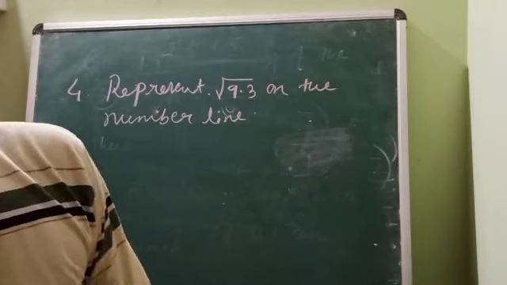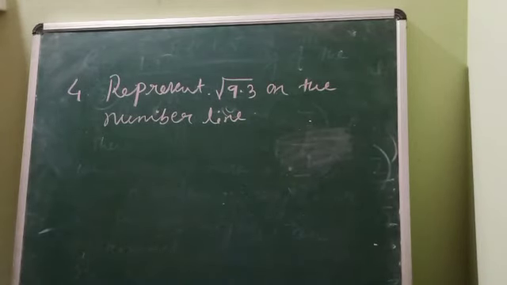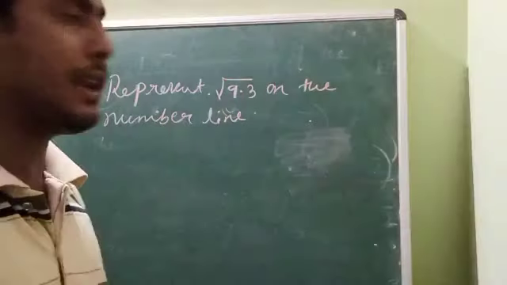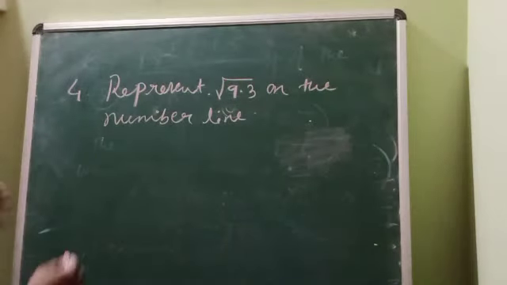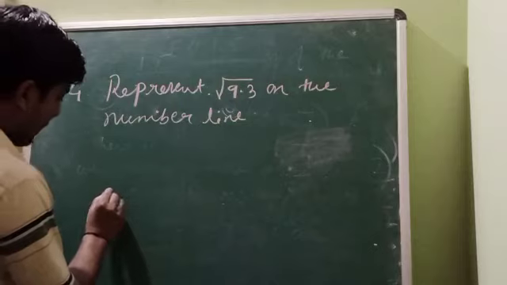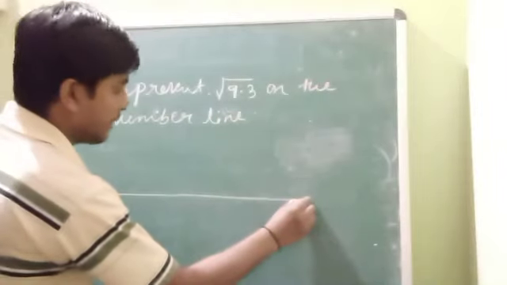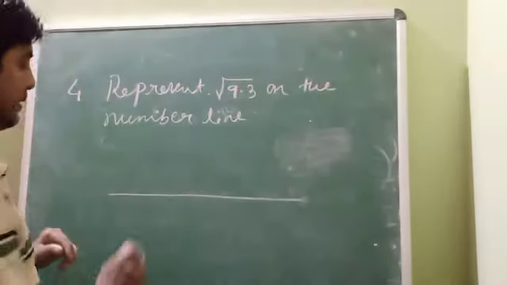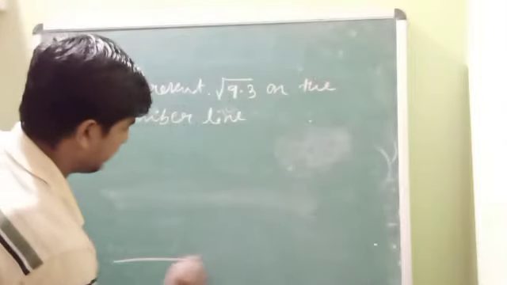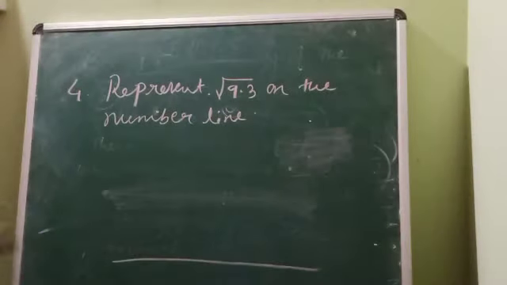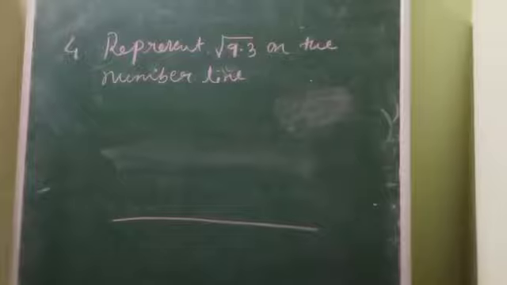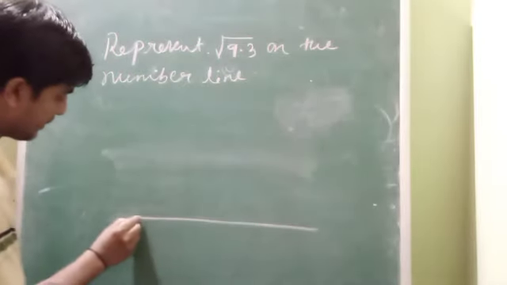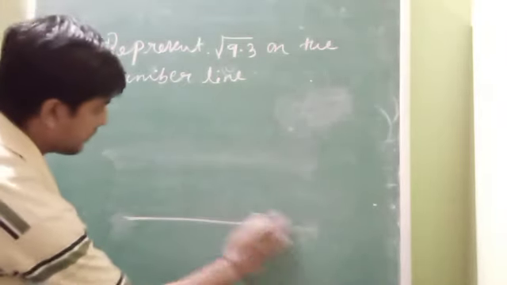So here, first of all, we have to draw a line segment of 9.3. Using your scale and pencil, draw a line segment. Try to understand, using your scale, 9.3 should be how much?